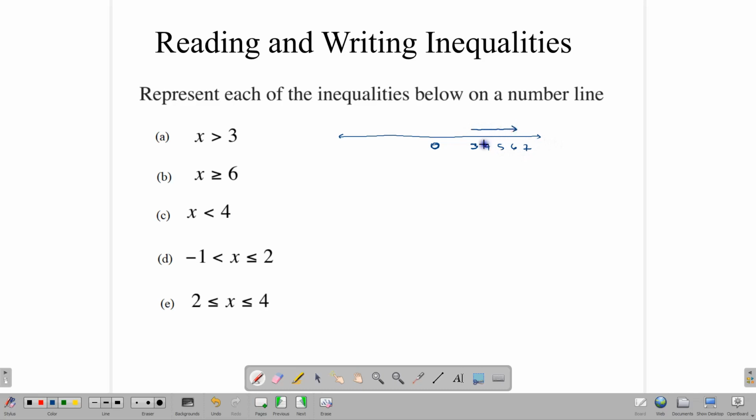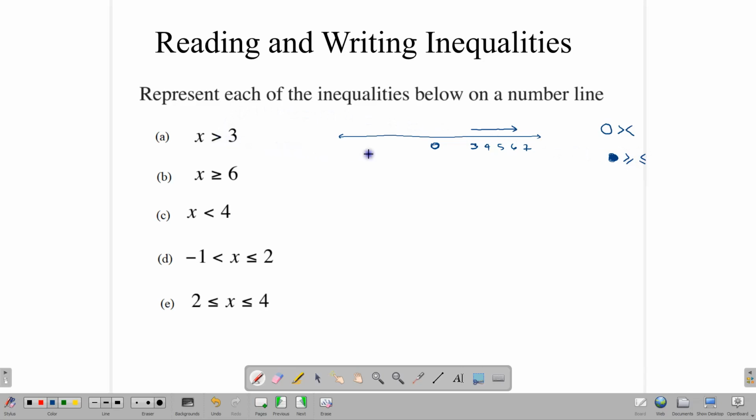Importantly, when we're representing inequalities on a number line, there are some things that we use. There's an open circle that we use with greater than or less than, and there is a shaded circle that we use with greater than or equal to or less than or equal to. So these are important. So here x is greater than 3.